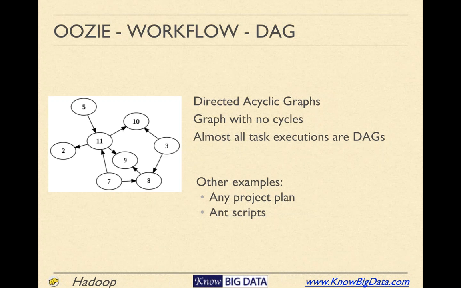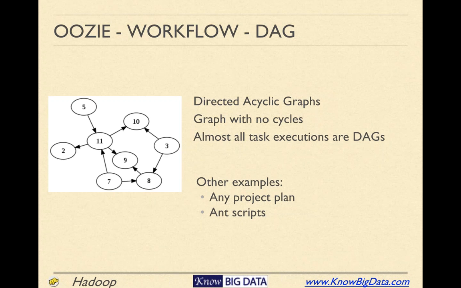So DAG is a very important phenomenon in computing. DAG is very important because DAG is everywhere. Directed acyclic graph is everywhere. You get up in the morning for the office, and the things you do are actually kind of a DAG. To go to office, you need to get ready, and what do we mean by get ready?